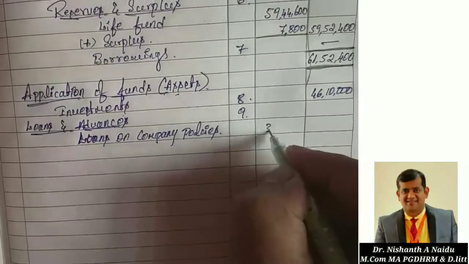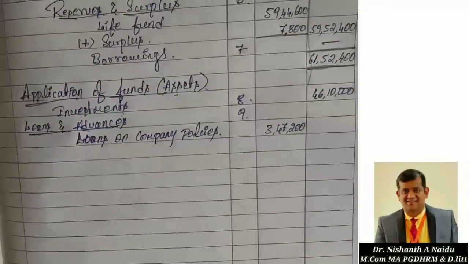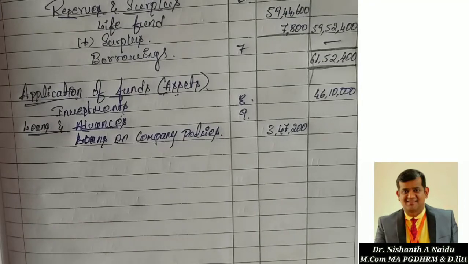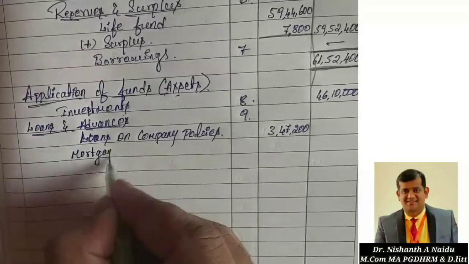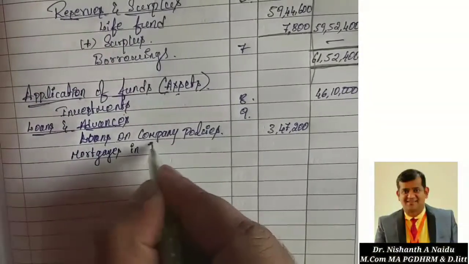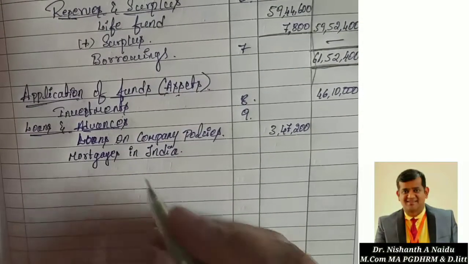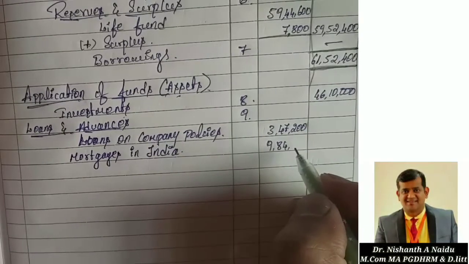Next, what we have? That is another item, mortgages in India, 9,84,400. So let me take mortgages in India, that is 9,84,400.